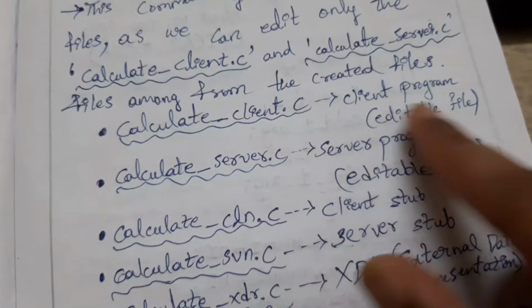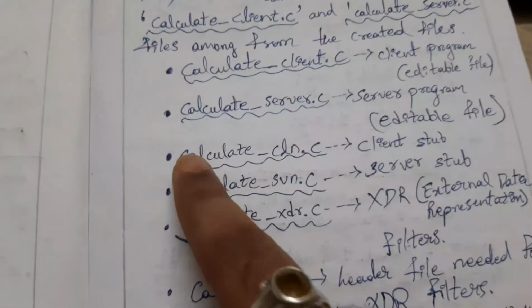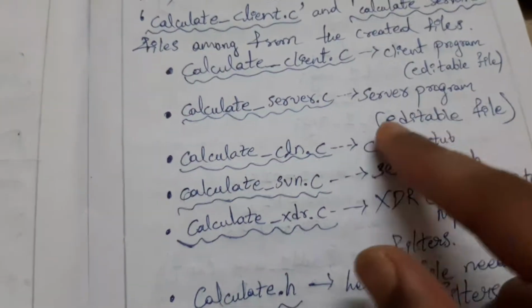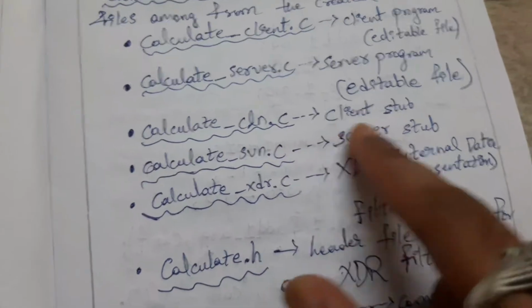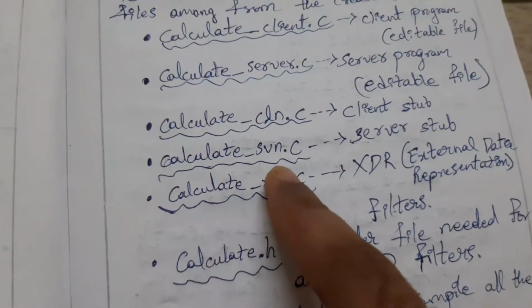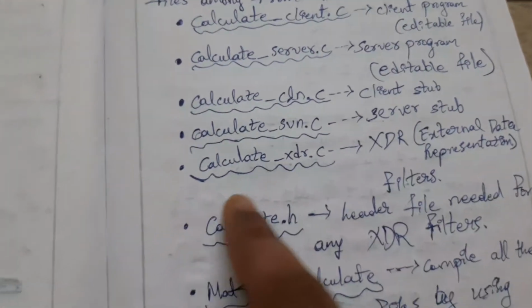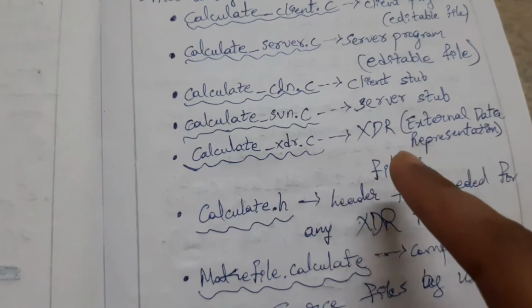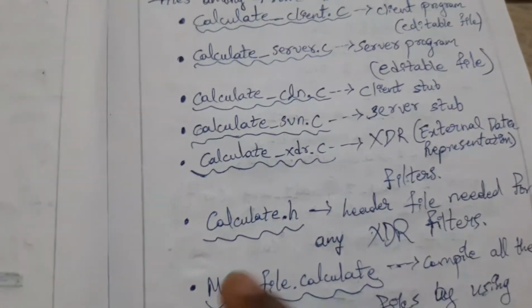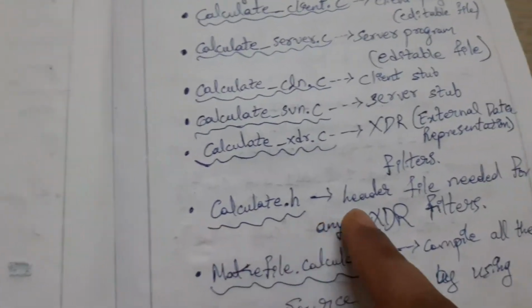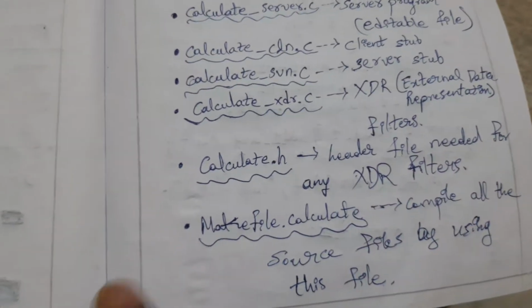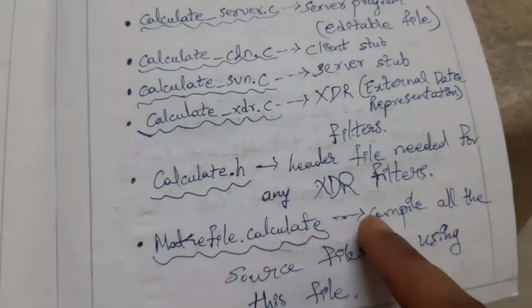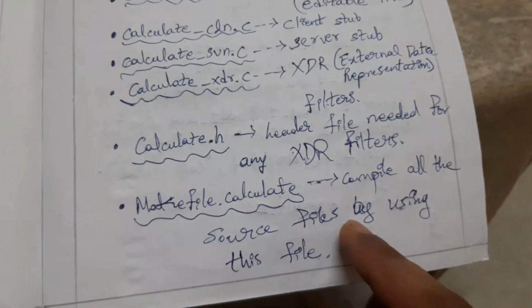Those are calculate_client.c, the client program editable file; calculate_server.c, the server program editable file; calculate_clnt.c, which is client stub; calculate_svc.c, server stub; calculate_xdr.c, which has the XDR, external data representation filters; calculate.h, which is known as the header file needed for any XDR filters; and Makefile.calculate, which compiles all the source files.